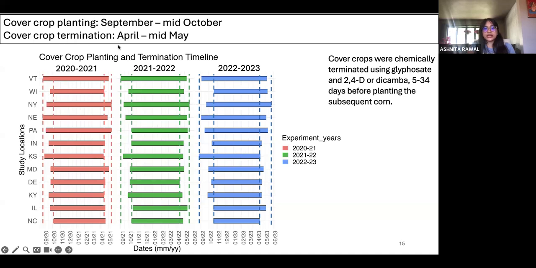In the case of cover crop termination, which was done chemically, some sites did it 5 days before planting the subsequent corn, and some even waited for a month. New York and Pennsylvania terminated their cover crop a little later, in mid-May, compared to other states.